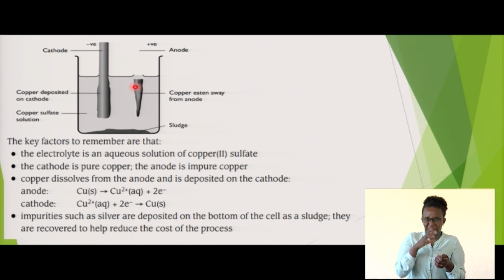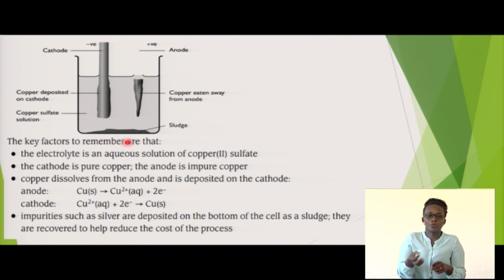I've written some key points that you need to remember. This is the cathode. When you look at the cathode, its size is increasing. It is becoming bigger, meaning copper is being deposited there. As we said, the electroplating is done similarly to purification.